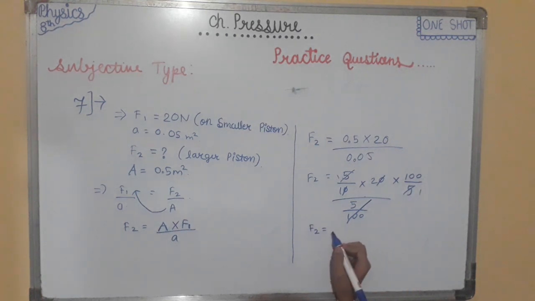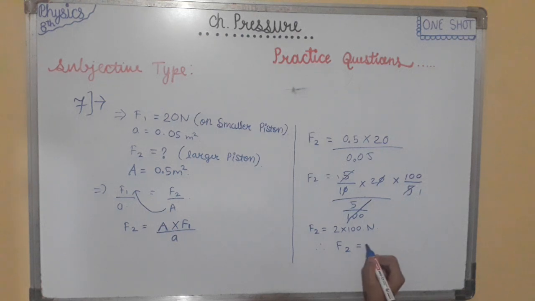F2, the force applying on the larger piston, is equal to 2 into 100 Newton. Therefore the force applying on the larger piston is F2 equal to 200 Newton. So this is the correct answer. I hope you have understood.